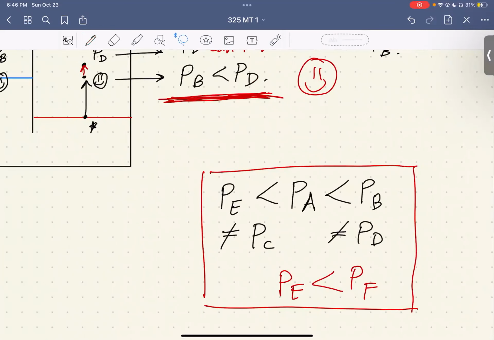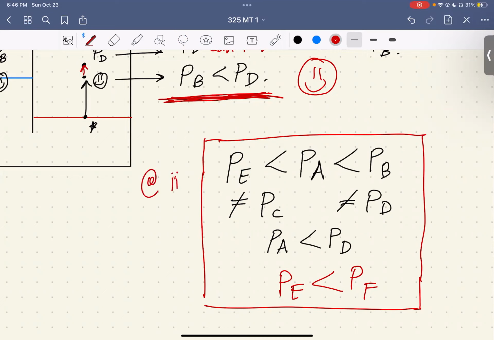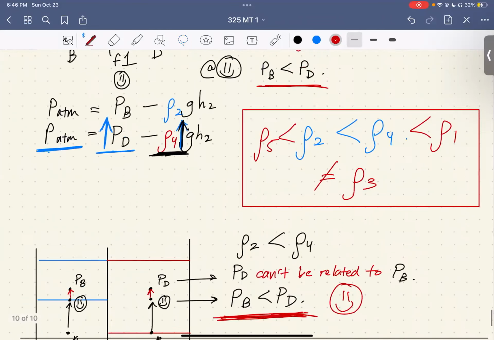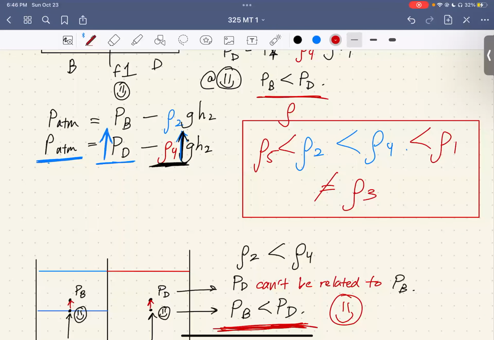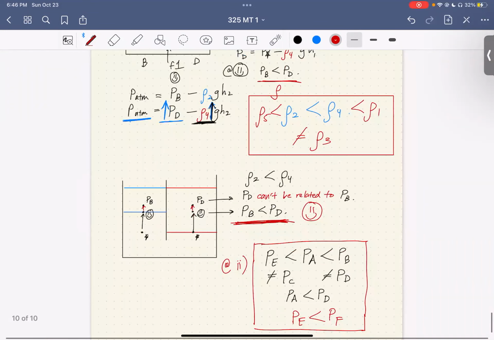So what I'm going to do, see if I can move just this part up. Okay, that really ruined it. But we know PA is less than PD. Great. So we do know these, and this is your final answer for this at height 2. We have our rhos, and at the very top of the page, we have our position 1.